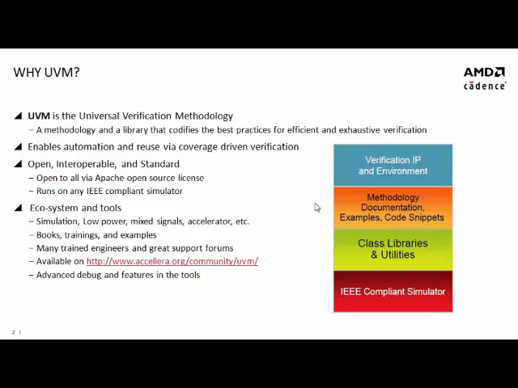So you have a simulator, and what you get on top of that is a set of class libraries and utilities. That's the UVM deliverable. It's a set of source code which can be run on top of the simulator. So it's just open source code. On top of that, there's some methodology documentation, examples and code snippets which try to explain how to build a UVM environment.